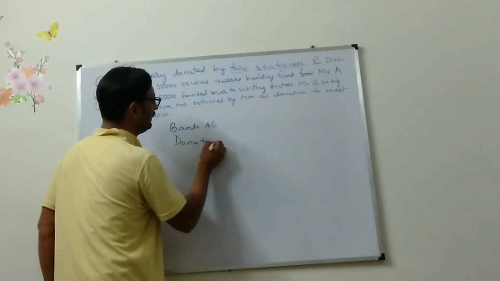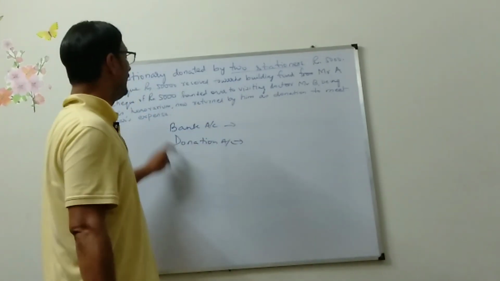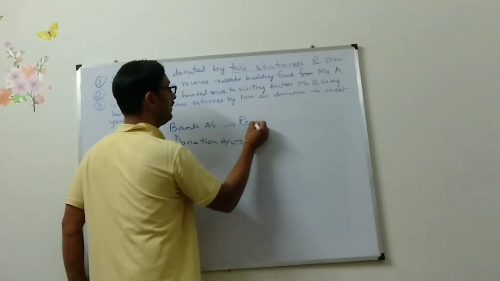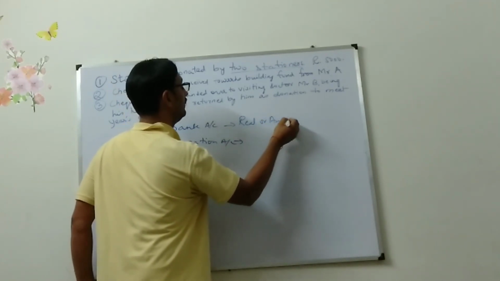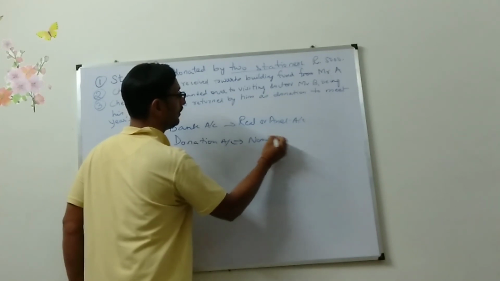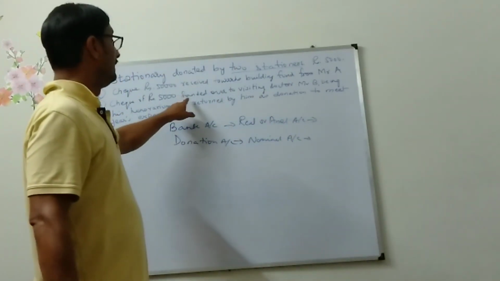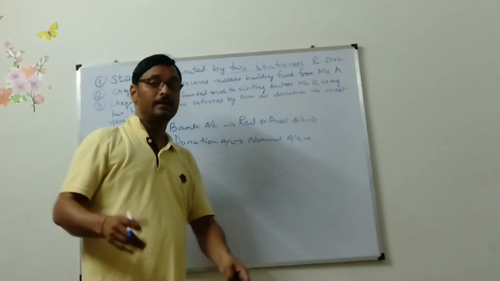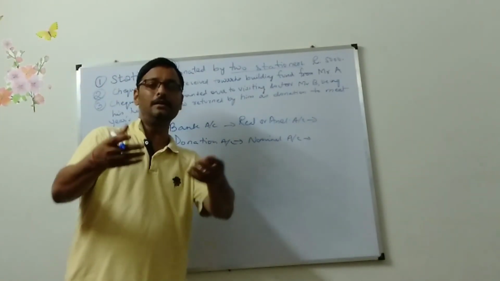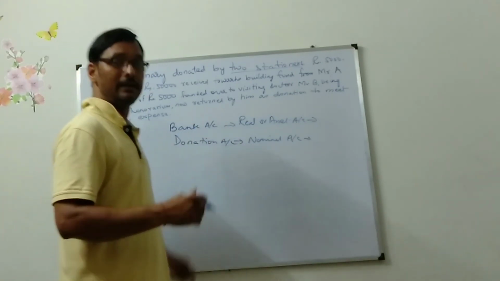So these are the two things only, and the rest of the things you need to write in the narration part. So bank is what? Real or asset account. And donation is what? Nominal account. Now that person has returned the check, so that check is coming in. Debit what comes in. So this one will be debited.